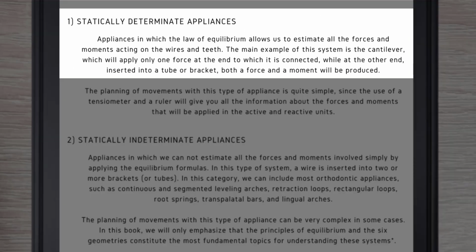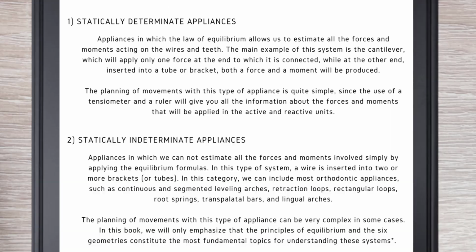Statically determinate appliance. Appliance in which the law of equilibrium allows us to estimate all the forces and moments acting on the wires and teeth. The main example of this system is the cantilever, which will apply only one force at the end to which it's connected, while at the other end, inserted into a tube or bracket, both a force and a moment will be produced.